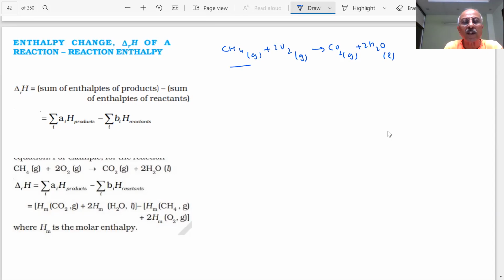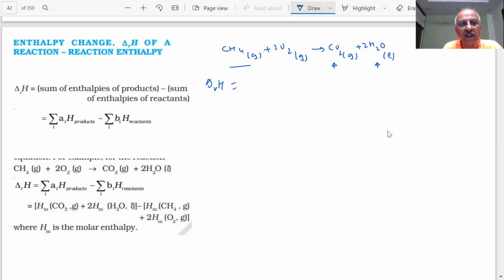So if we want to calculate the enthalpy change for this reaction, it can be obtained as the sum of the enthalpies of the products. Which are the products here? Carbon dioxide and water are the products.